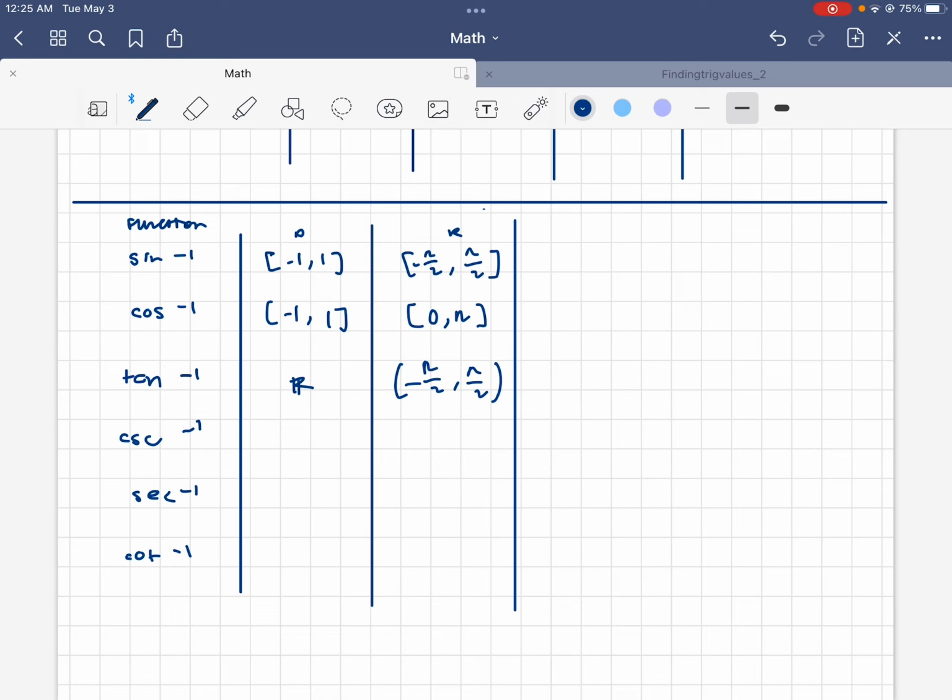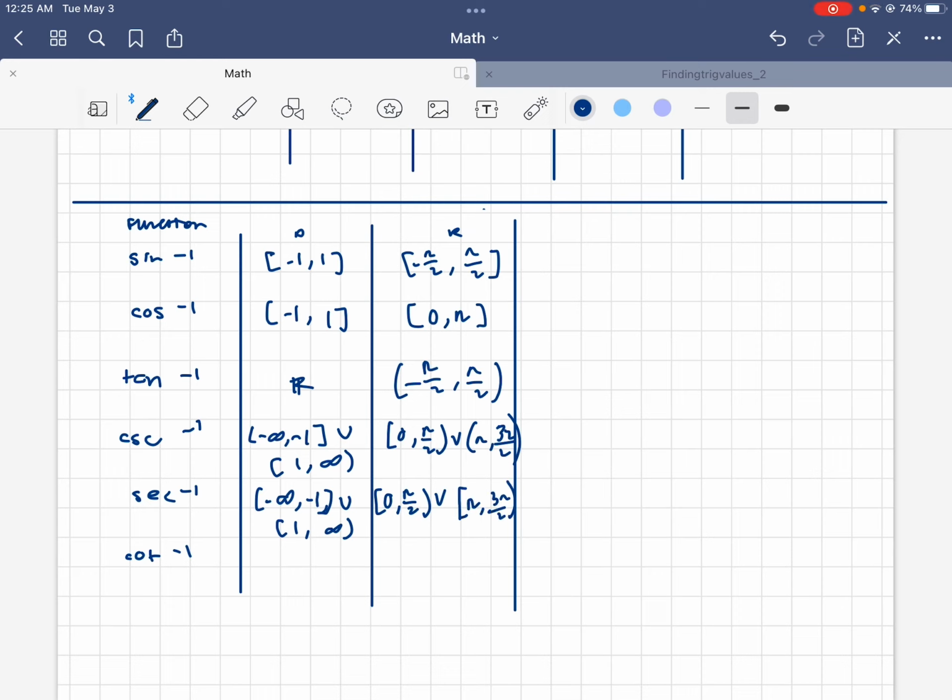Cosecant and secant are similar: the domain is negative infinity to -1 union 1 to infinity. The ranges are 0 to pi over 2 union pi to 3 pi over 2, and for cotangent the domain is all reals and the range is 0 to pi.